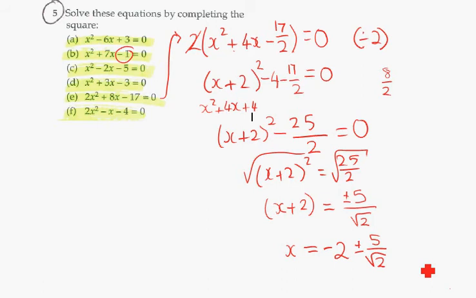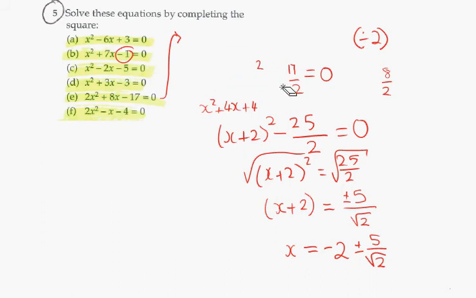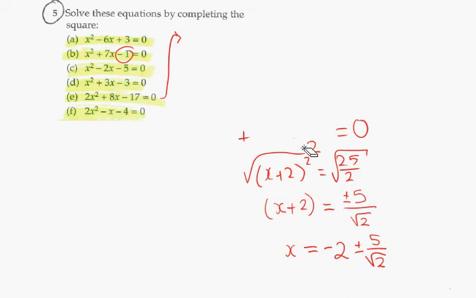Right, one to go, we'll try F. So I'll just erase all that. And for F we're going to have to pull out the 2 once again, which will unfortunately mean we'll have a half.